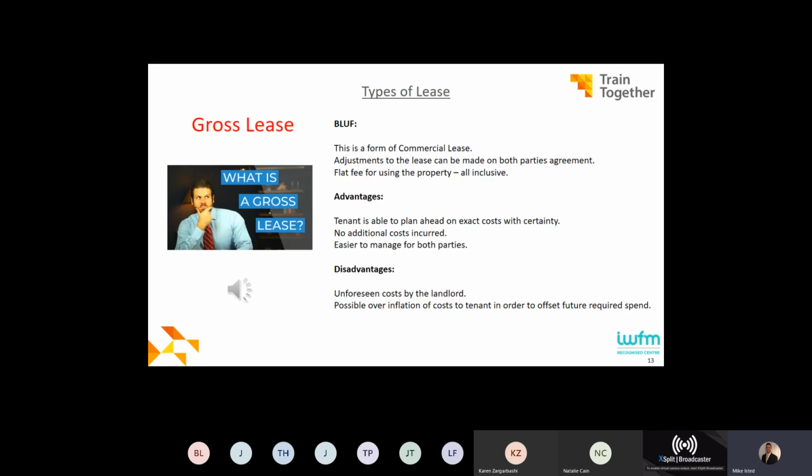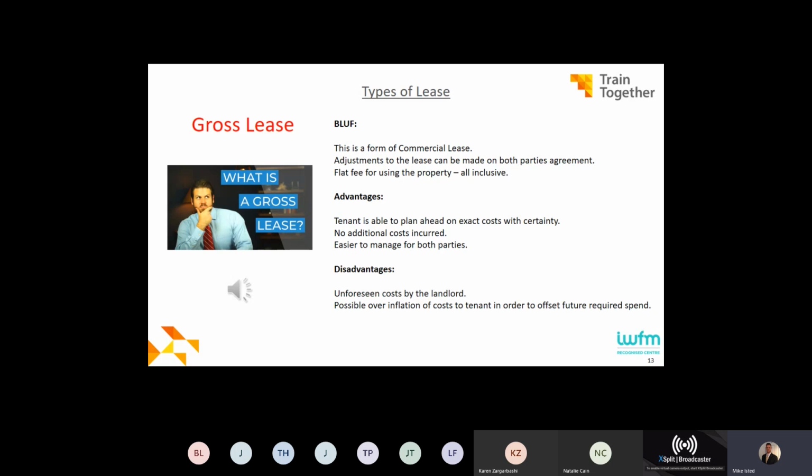Now, in different markets and different areas, it can be a little slangy sometimes what leases are referred to and what they're called. So I'd very carefully look at the lease and make sure you understand all the expenses that you might have as a tenant or a landlord. But basically it's referring to a full service lease. You're paying one payment and everything is included.